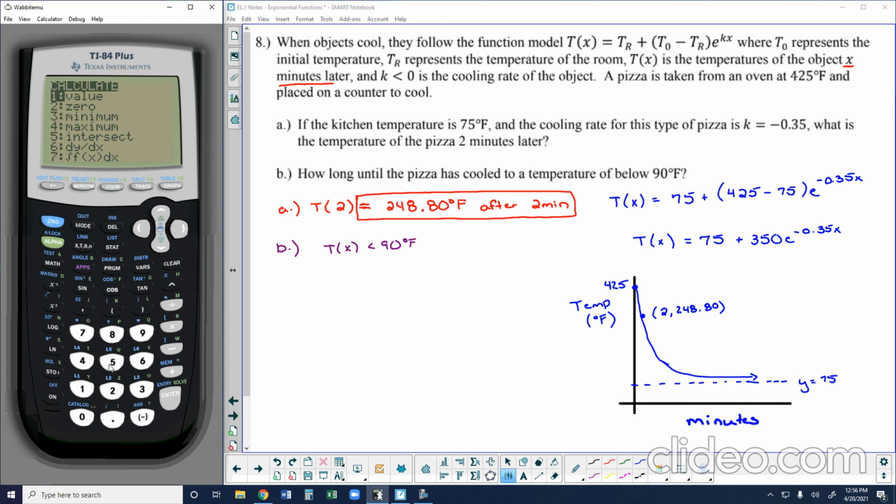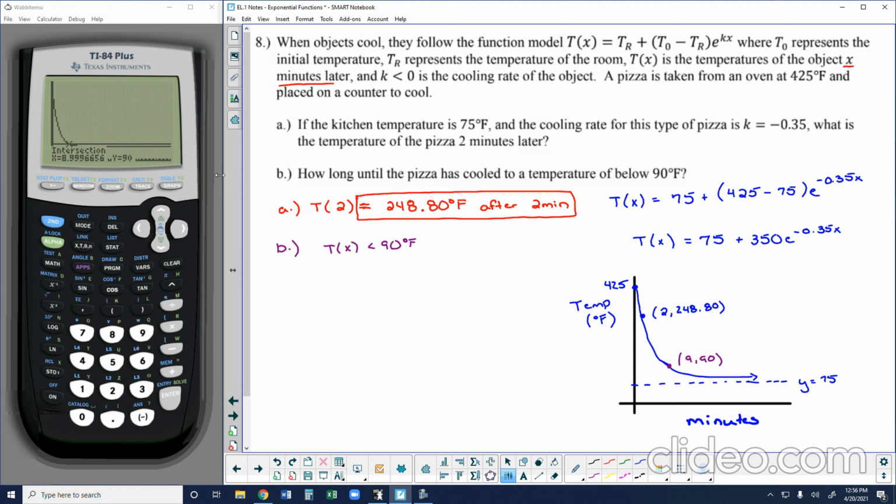So I'm going to go to second trace, intersect, move my cursor close to the intersection, select enter, make sure it's on the second line, select enter, and I'm not going to guess, so I'm going to select enter again. This is going to give me the approximate value here. So the question for B is how long until the pizza has cooled to a temperature of below 90 degrees?